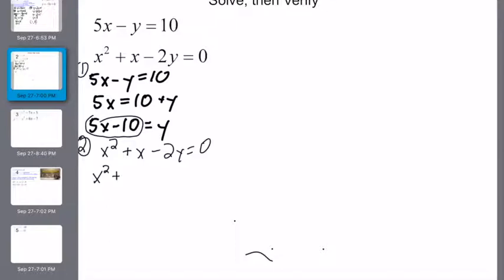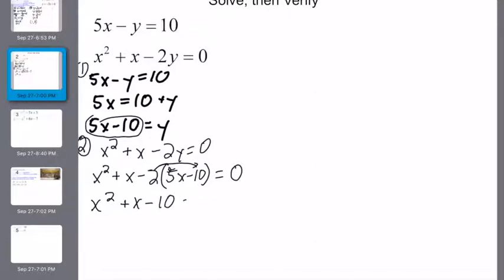So I get x squared plus x minus 2 times 5x minus 10, which equals 0. Then we can go ahead and simplify this, so I get x squared plus x minus, again we bring that 2 into both terms, so we get negative 10x and plus 20 equals 0.